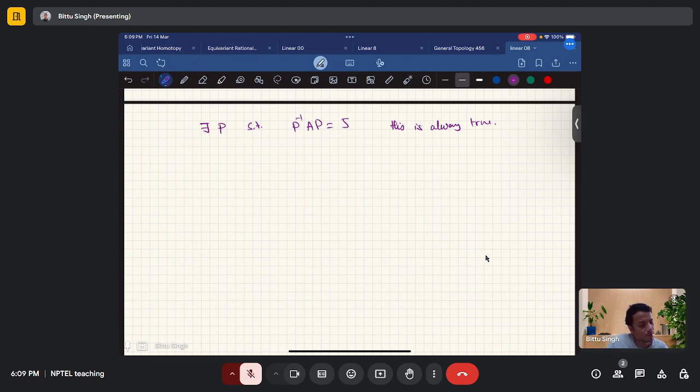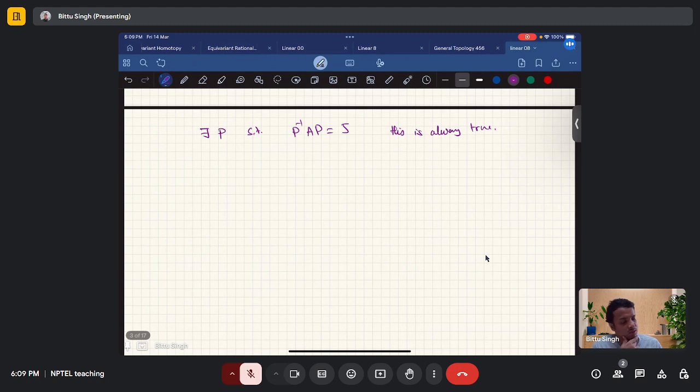So for every given matrix A, there exists some P such that it takes the form of a Jordan matrix.